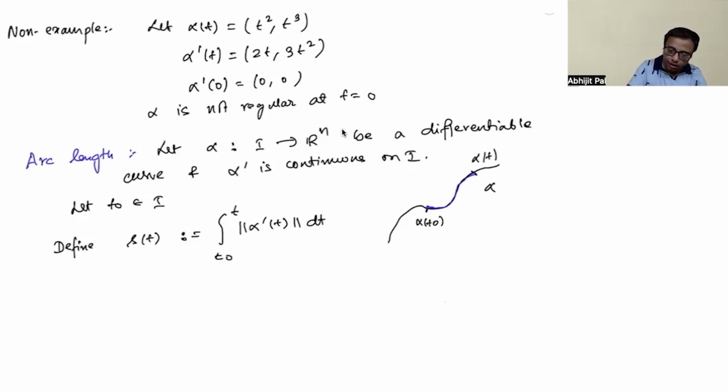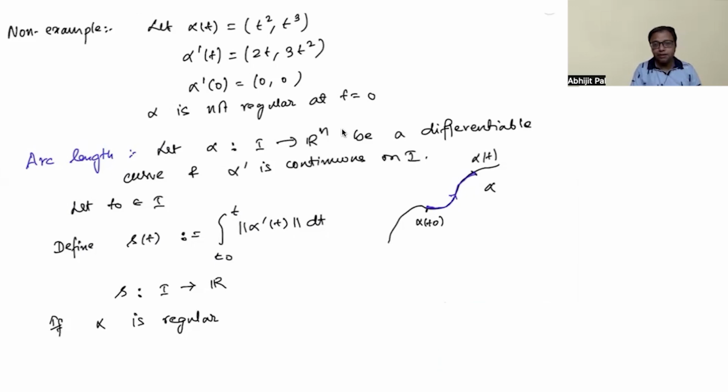Note that s is a function from this interval to R. If alpha is regular, then alpha prime t is not equal to 0, and the norm of alpha prime t is always greater than 0.